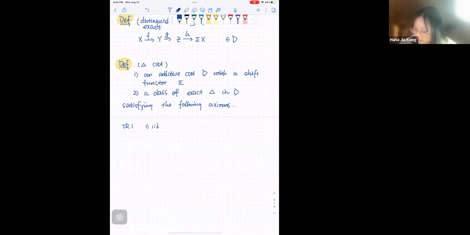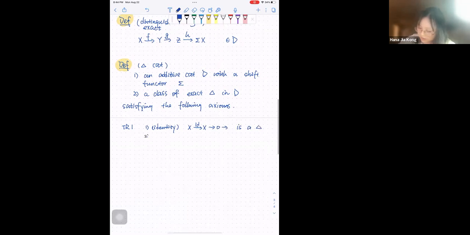So the first part, it's about the triangle involving the identity map. So the identity map together with the zero map, this is a triangle. And also something about completing a triangle.